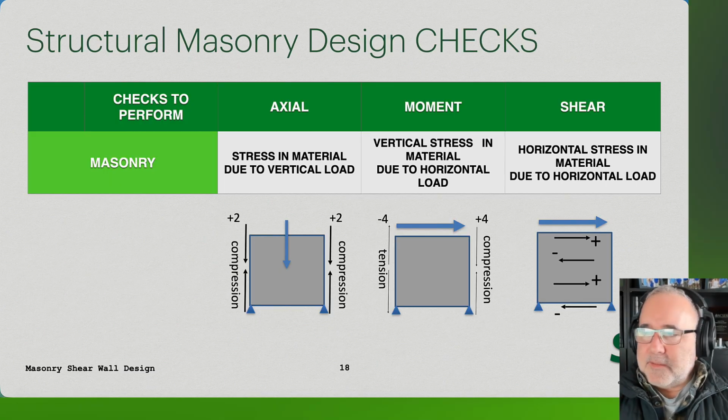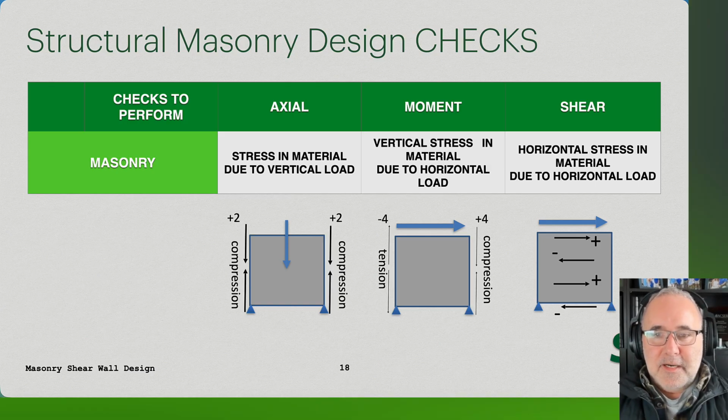All of that really comes down to when we have a shear wall element, we have to look at the axial forces that we have on the wall. When we determine what the axial forces are, maybe we look at the axial stresses due to the self-weight, due to dead load, and so on and so forth. Then we have some in-plane moment that we have to account for, and what the forces are going to be there, and then the shear forces that are going to be in the element as well.